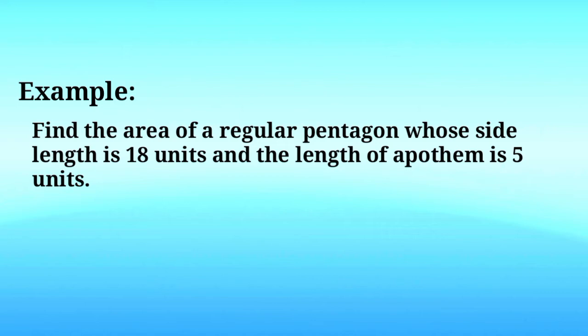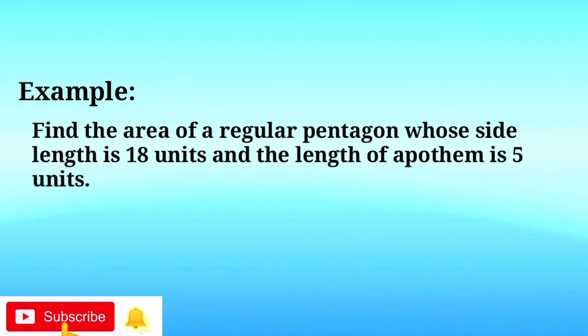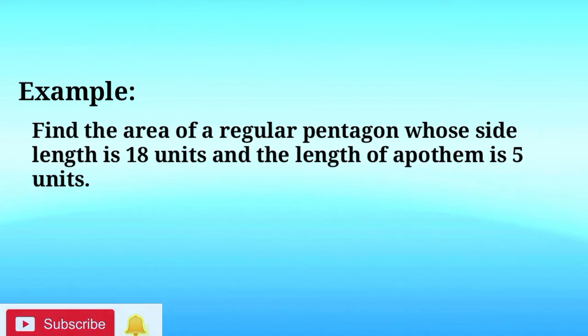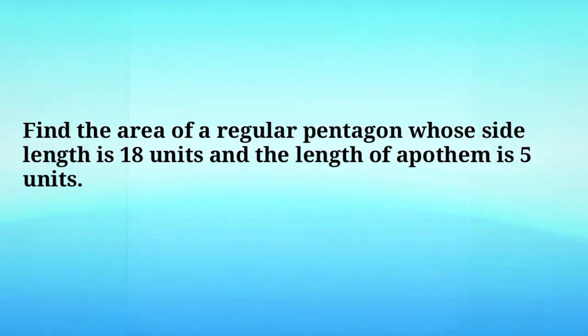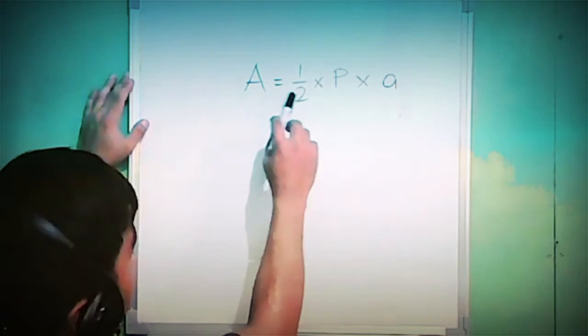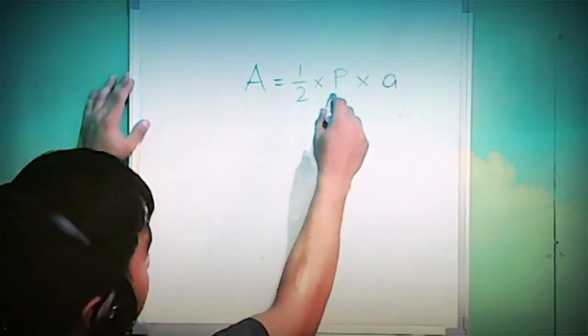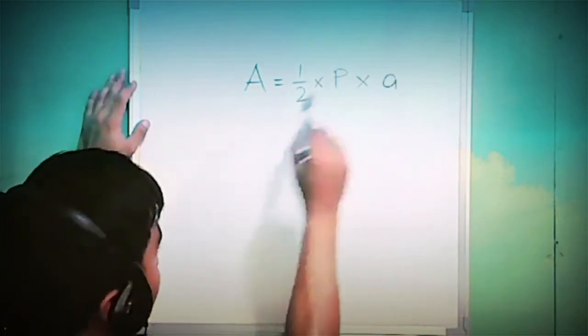So the given is side 18 units and apothem 5 units. Now let's solve the problem using the formula. A equals 1/2 times P, the perimeter, times A, the apothem.